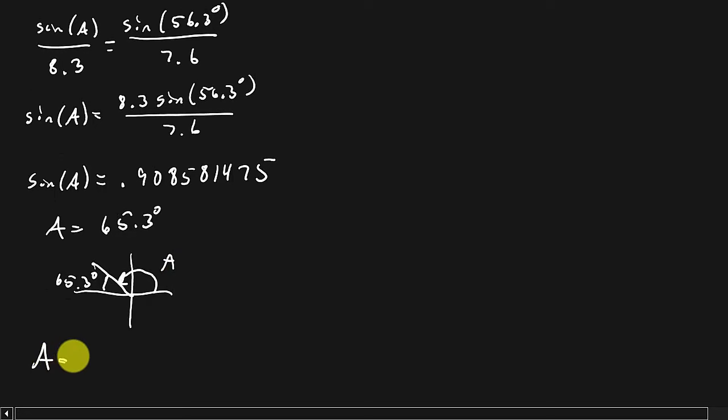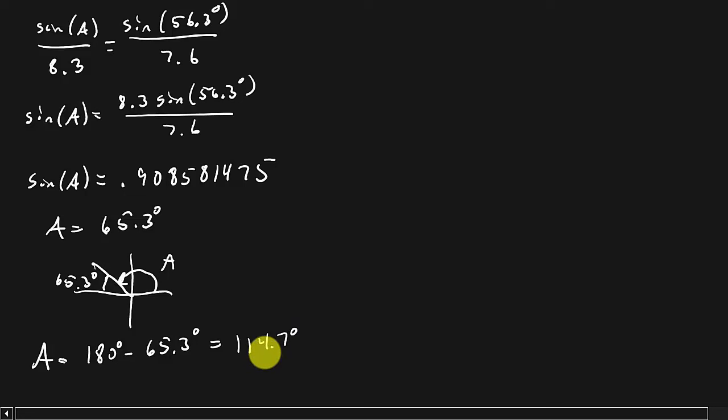So here in the second quadrant, A would be 180 minus 65.3, and that is equal to 114.7 degrees. So there's a possibility of two triangles.